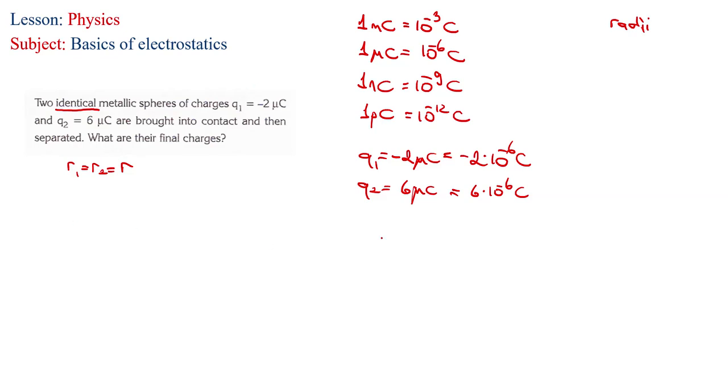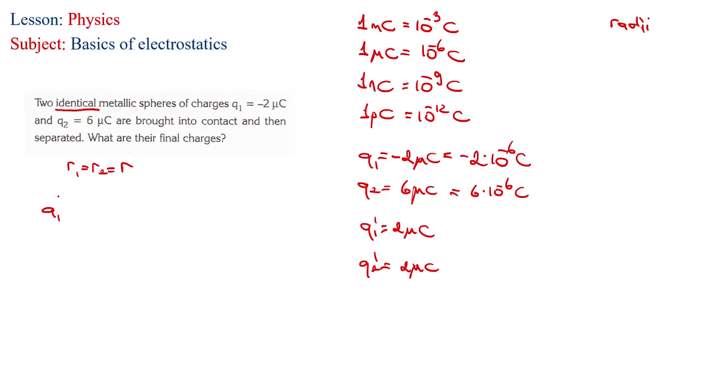Let me see it. So I can easily write that since the total sum here is -2 plus 6, that will become 4, and they share by 2. So let me write Q1 prime is 2 microcoulombs, and Q2 prime becomes 2 microcoulombs here. Why do I get this?